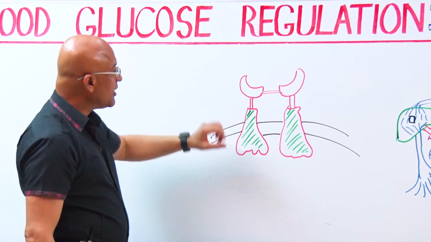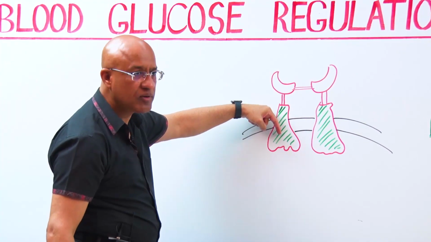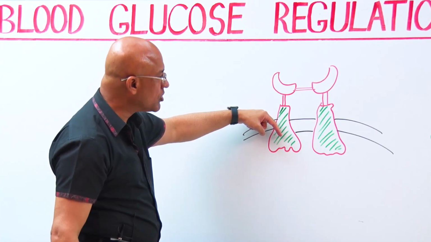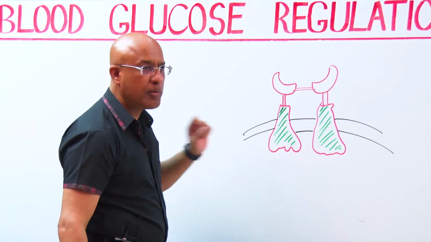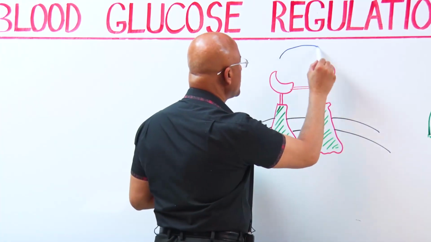So we can say the insulin receptor has an extracellular component, a transmembrane component, and the transmembrane component continues with the intracellular component.